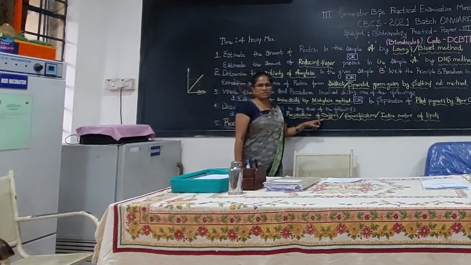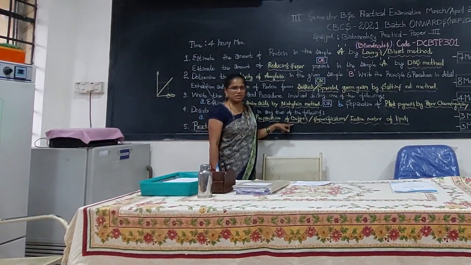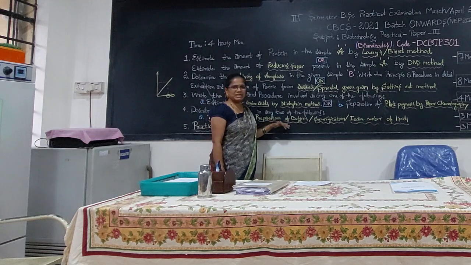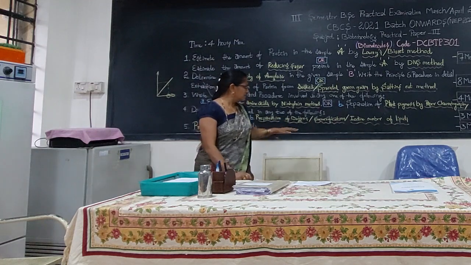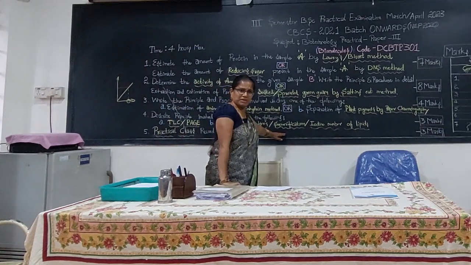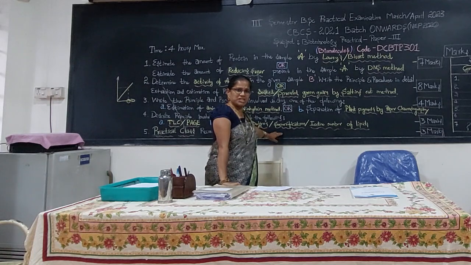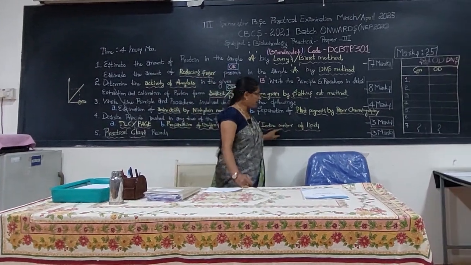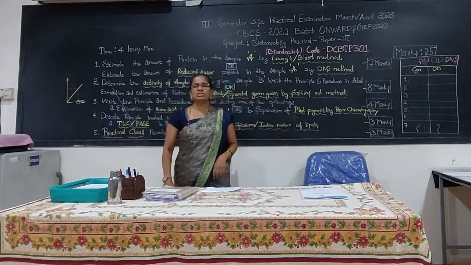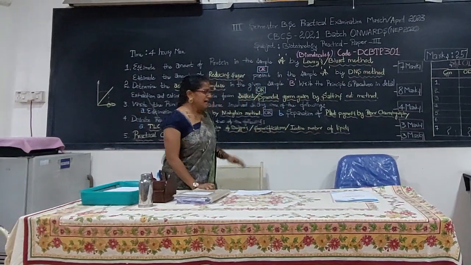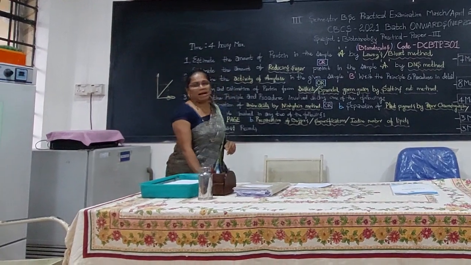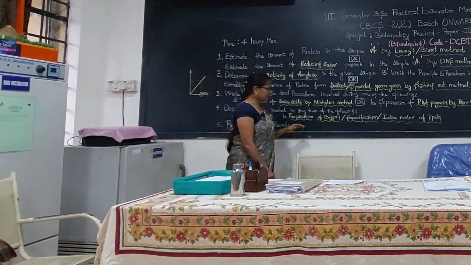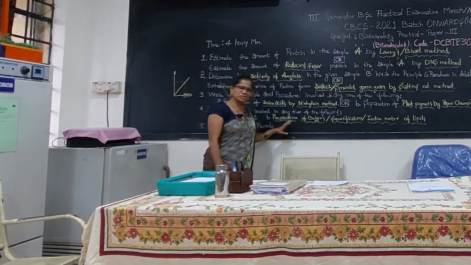Then preparation of buffers. First you need to define what a buffer is, what the different types of buffer are, and write the applications of the buffer. Then saponification: what is saponification, the saponification reaction, and applications of saponification. The last one, iodine number of lipids: write the definition, the reaction and the applications. If you are unable to write the reactions, it's okay, no issues.